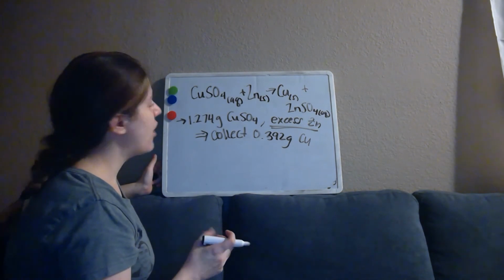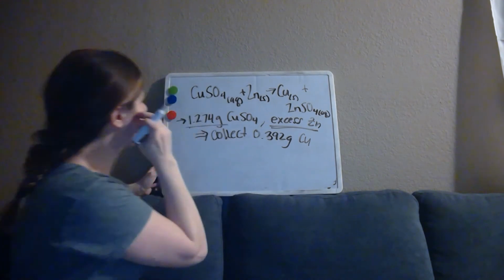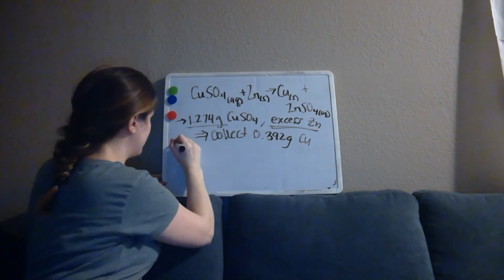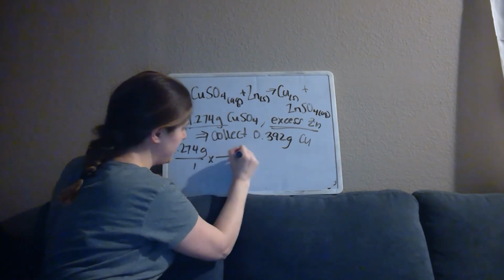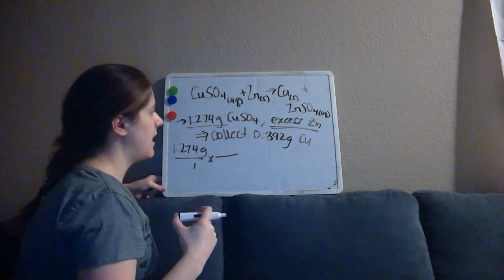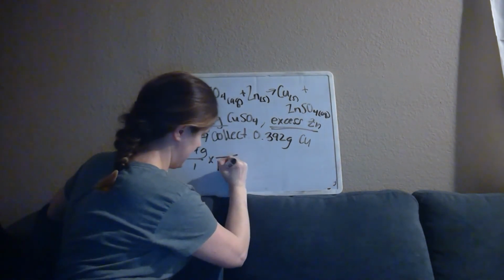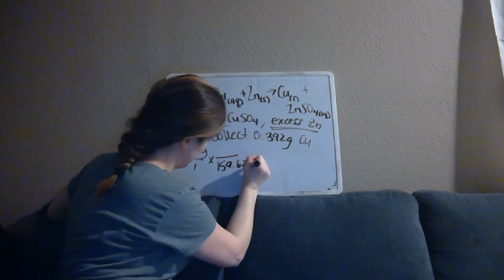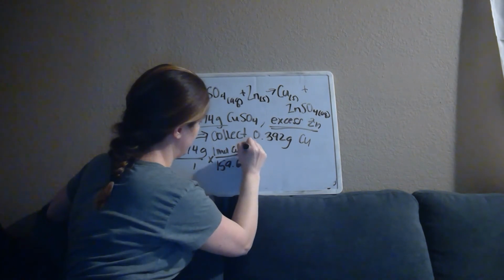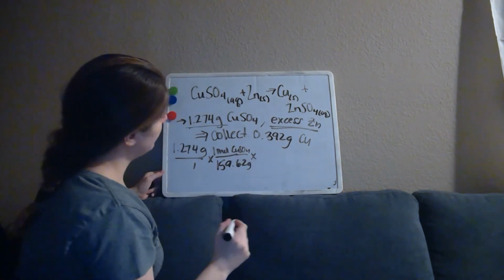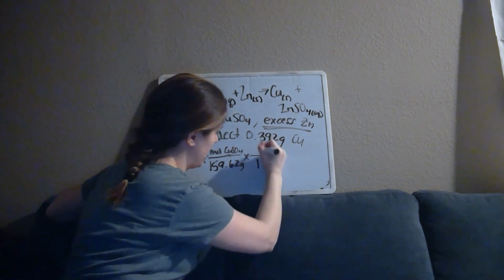So in order to figure this out, we need to calculate the theoretical yield. So we're starting with 1.274 grams of copper sulfate. You would then need to multiply that by the molecular weight of copper sulfate, which I have here as 159.62 grams per 1 mole of copper sulfate. Then relate that to the amount of moles of copper, and it's a 1-to-1 ratio.